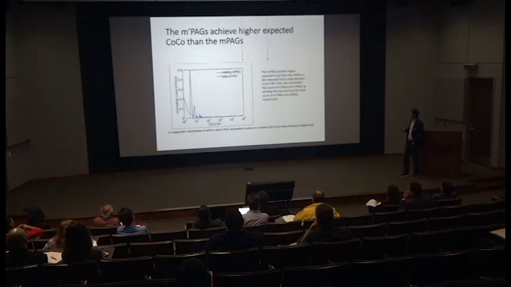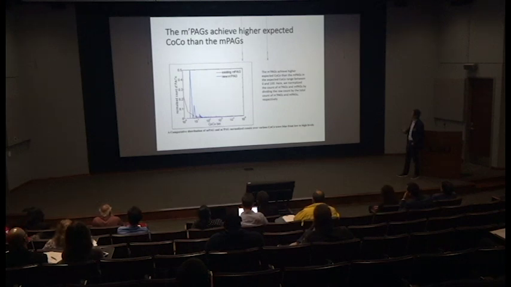Okay, so I'll skip that, but I'll also show you that for the study that we've done, the virtual PAGs achieve, those are the blue lines, when you look at the co-expression, a much better quality than the database of regular PAGs.